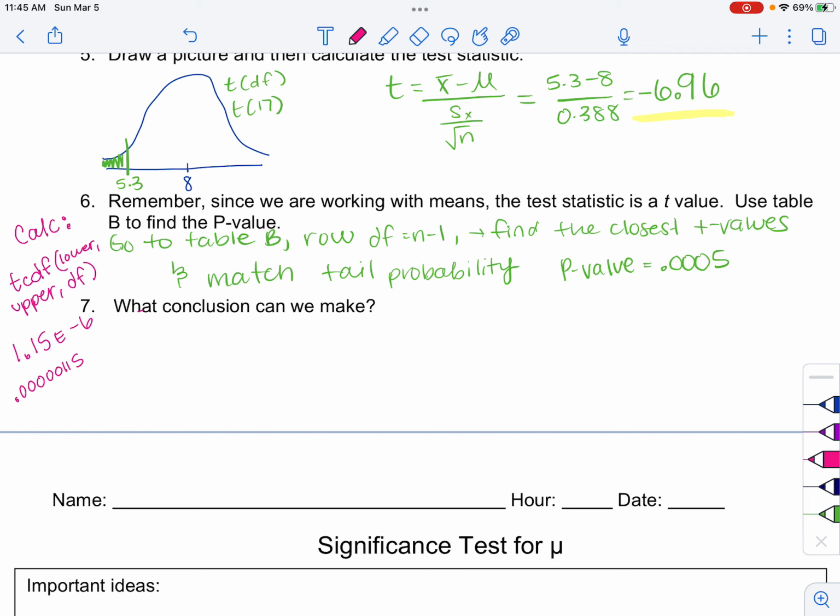So the conclusion works very similar to the way it did before, because 0.0005 is less than 0.05.